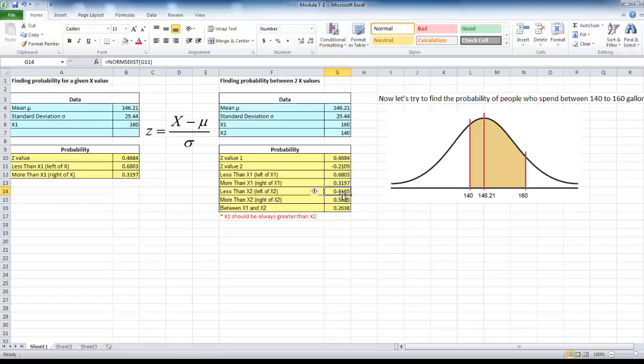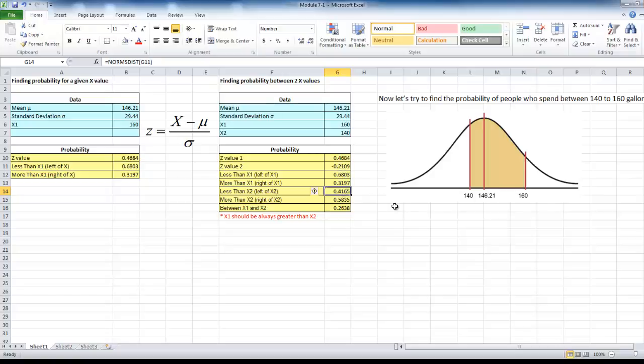Now we do the same thing for the second x value. So area less than 140 is NORM.S.DIST G11. G11 is, you see here, the z value for the second x.